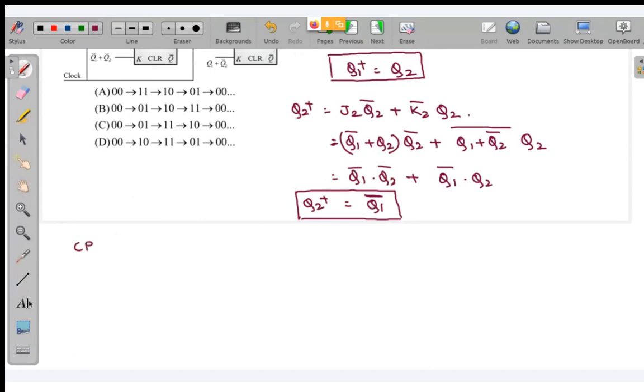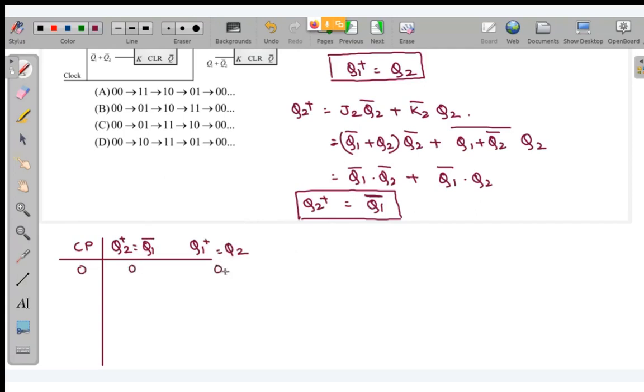So clock pulse, over here you don't even require clock pulse. Q2 plus is equal to Q1 complement, and Q1 plus is equal to Q2.